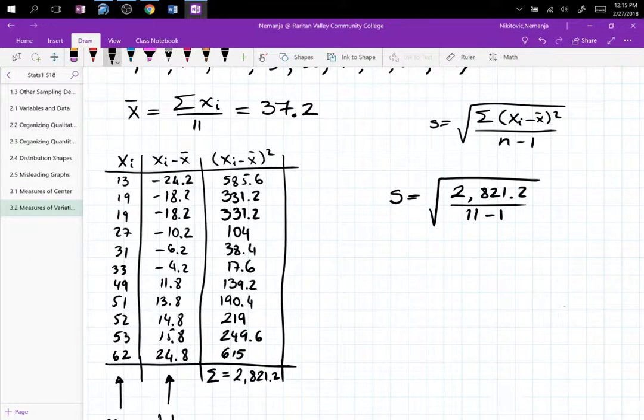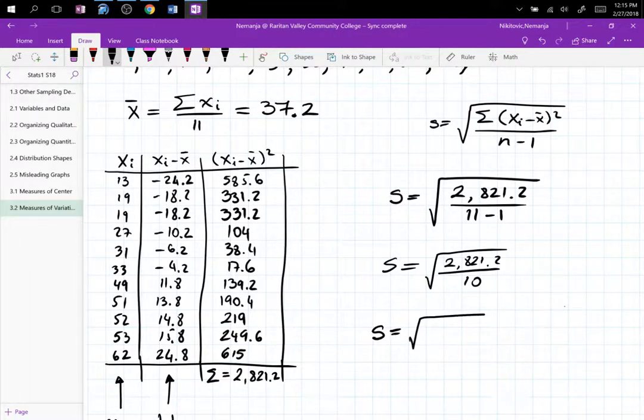Now we are going to divide by 10, which is just going to move the decimal, right? So S equals square root of 2,821.2 divided by 10, and S equals the square root of 282.12.